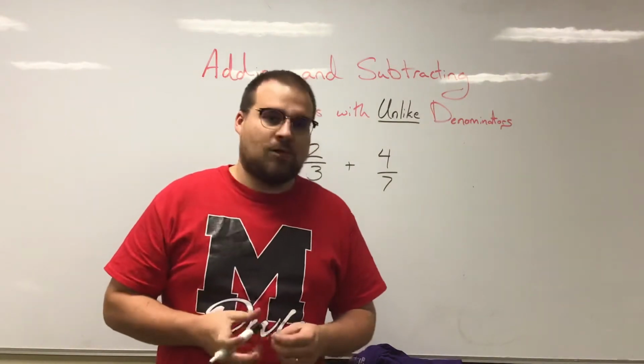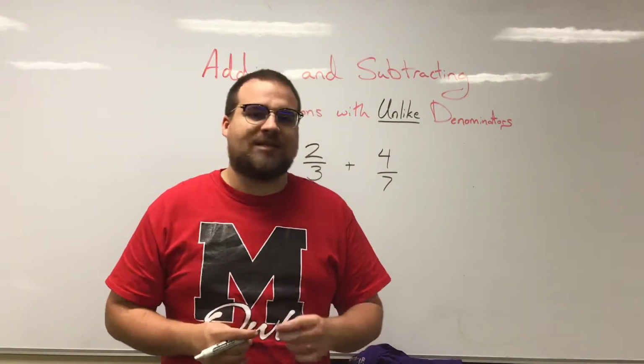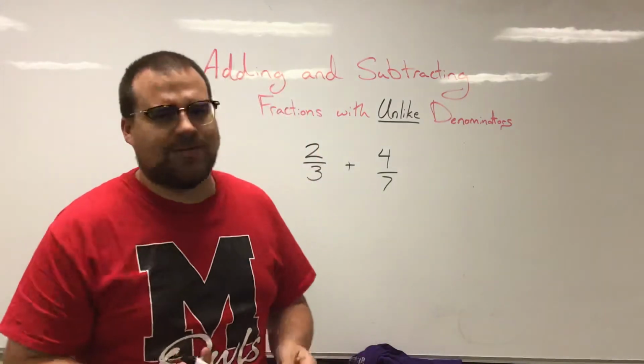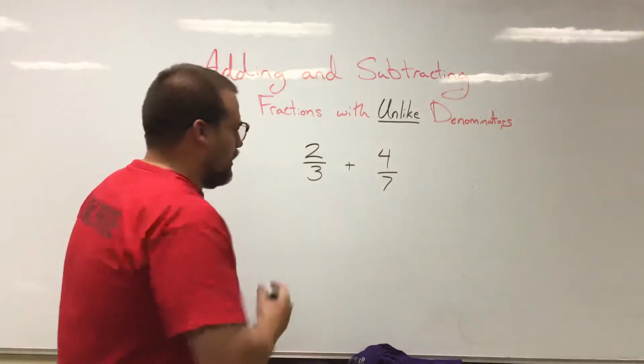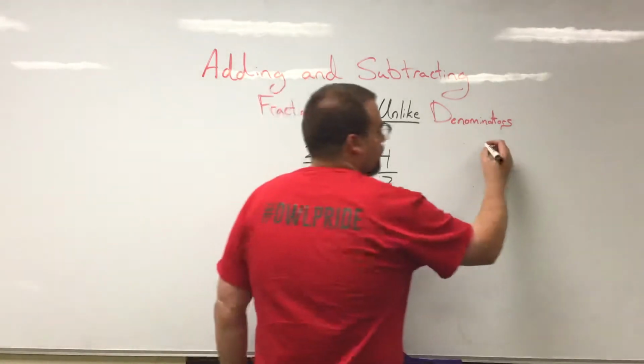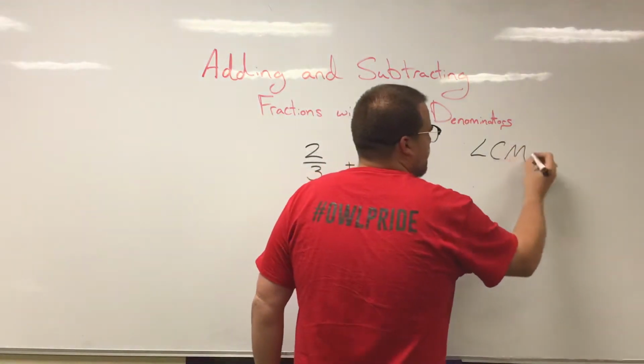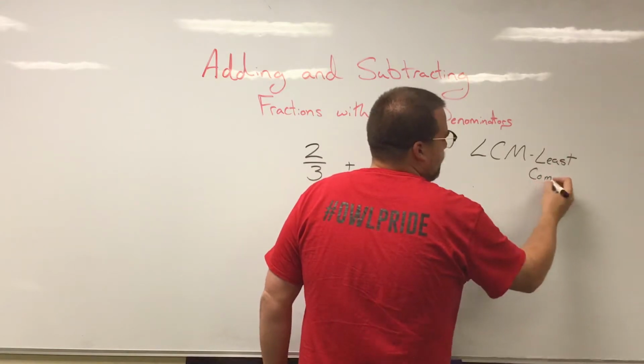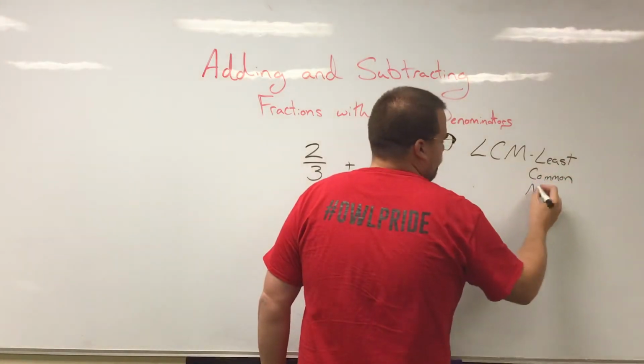But we do something called finding a least common multiple, or you might hear it abbreviated as LCM. I'm going to go ahead and write that over here. LCM is the least common multiple.